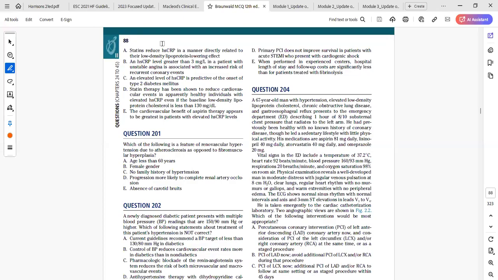First of all, we need to know that renovascular hypertension is one of the most common causes of secondary hypertension. And we have two major types of renovascular hypertension. The first one is due to an atherosclerotic cause, while the other one is due to a fibromuscular cause.